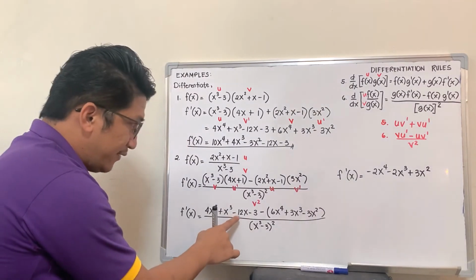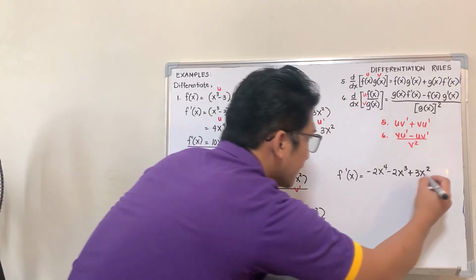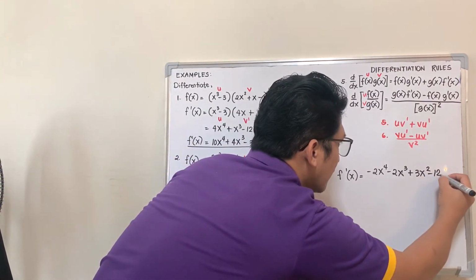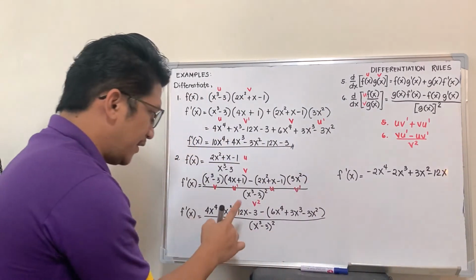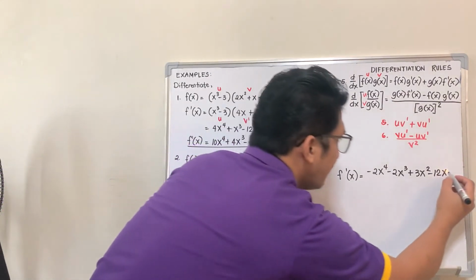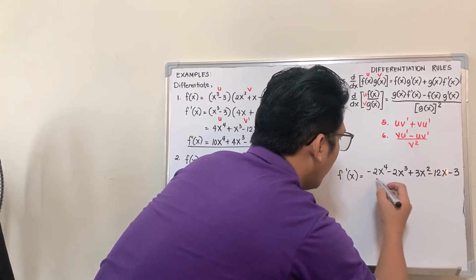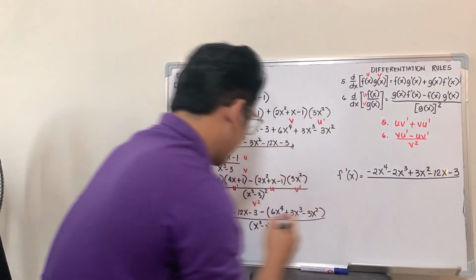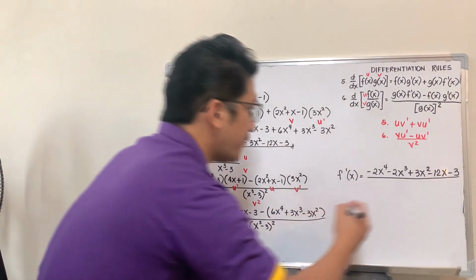Then you have negative 12x, which has no like term. Then the constant, minus 3, all over x cubed minus 3, squared.